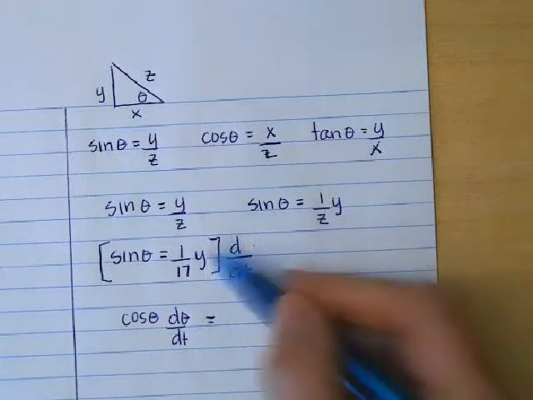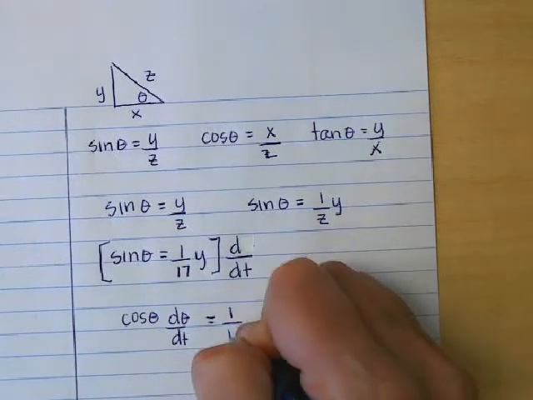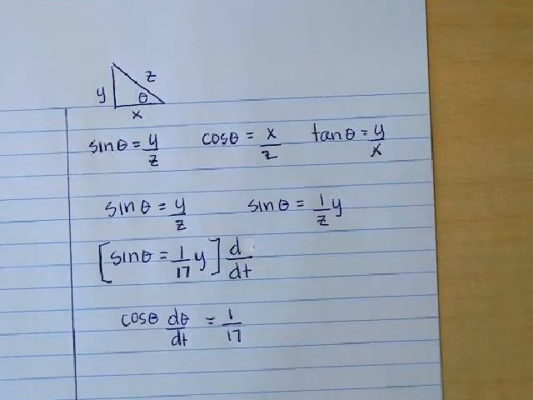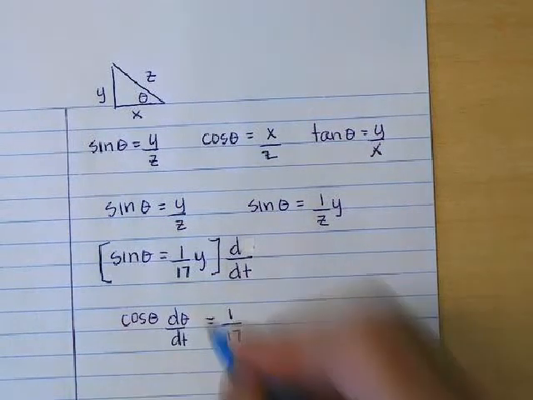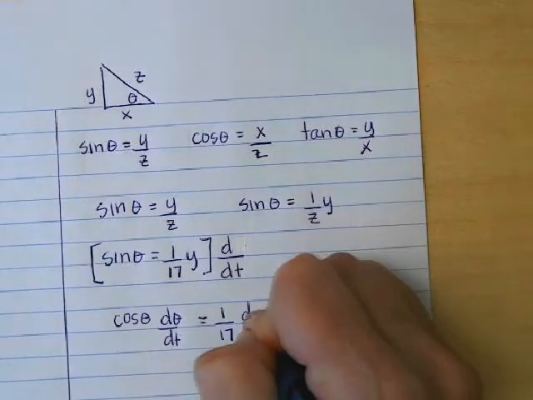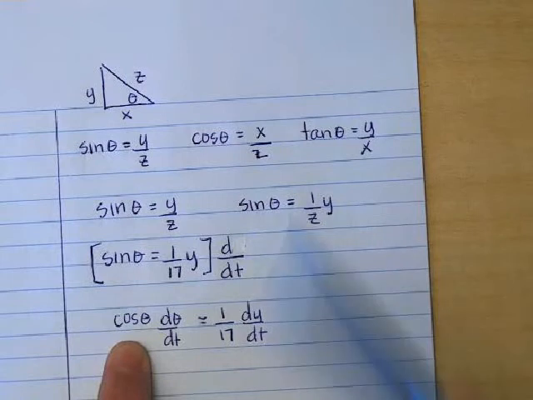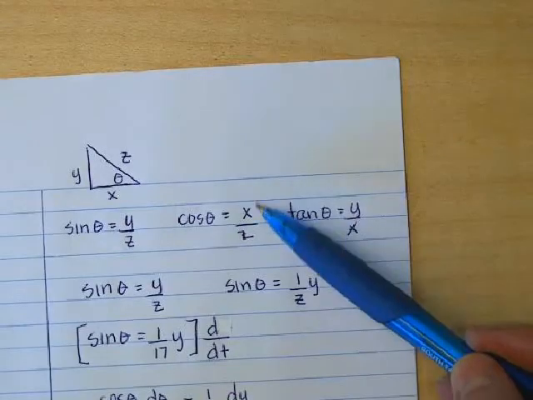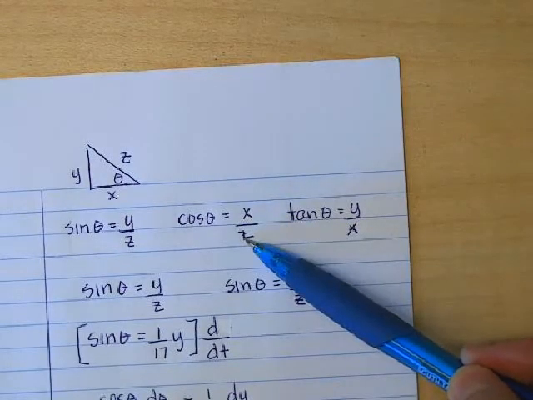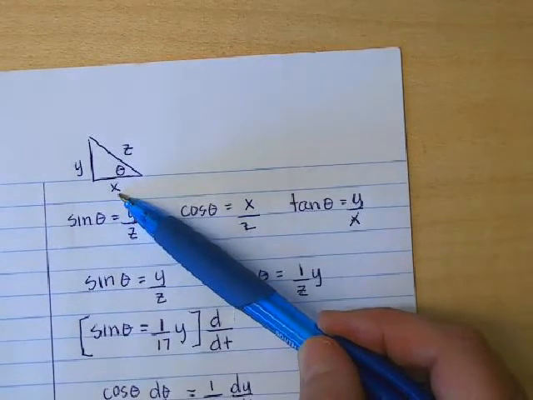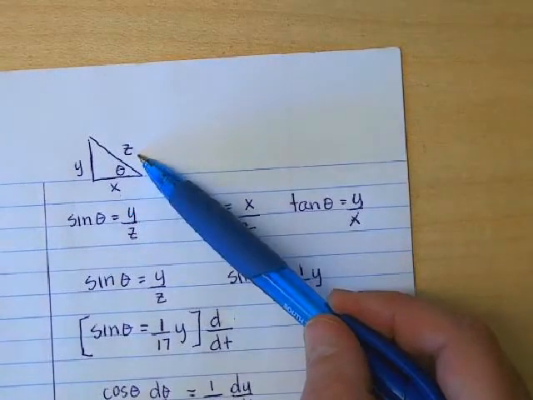Okay. So here we've got 1/17. The derivative of y is 1, and then dy/dt. Okay, so what is the cosine of theta? Well, we said that the cosine is adjacent over hypotenuse. So we know that that is 8 and that's 17.